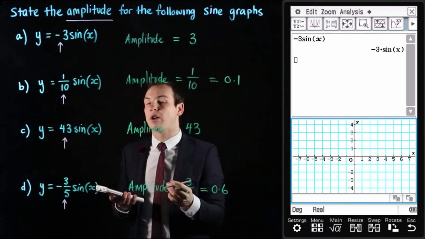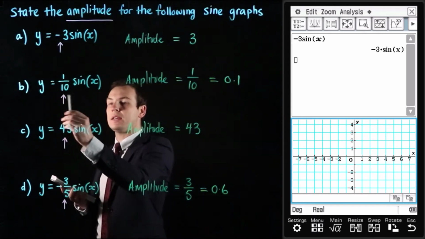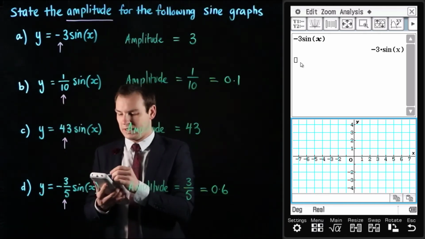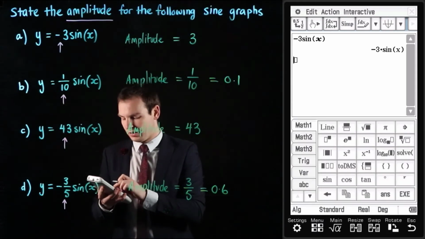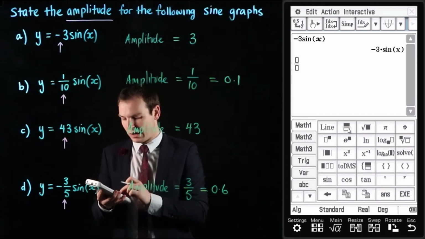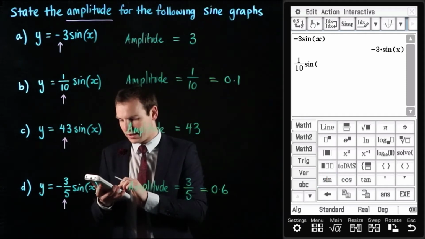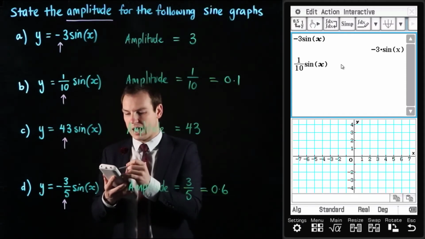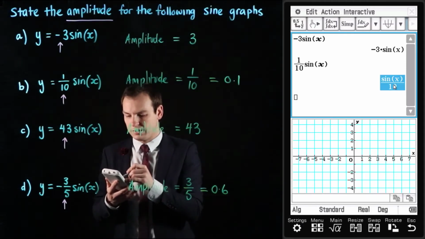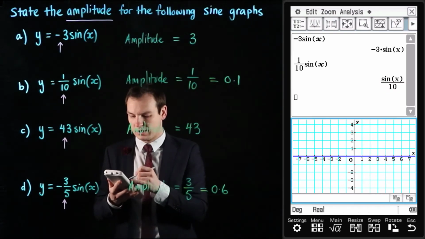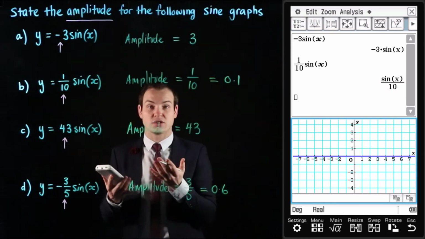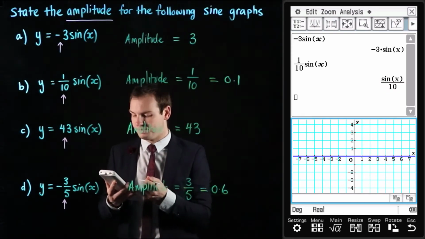So now if we have a go at doing the same thing for B, we're going to want to type back into the main area of the calculator, using keyboard and a fraction to start with, 1/10 times sine of x. And we can drag that now into our graph screen. So that will sketch what looks like a straight line on the screen.